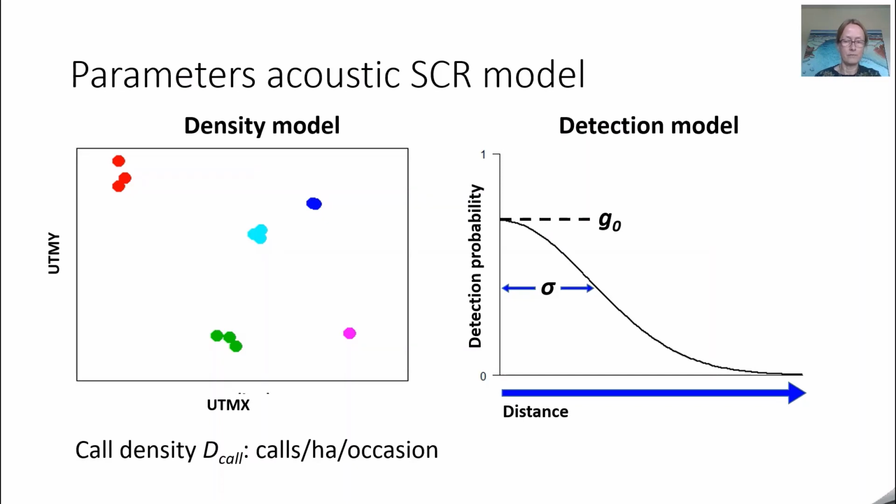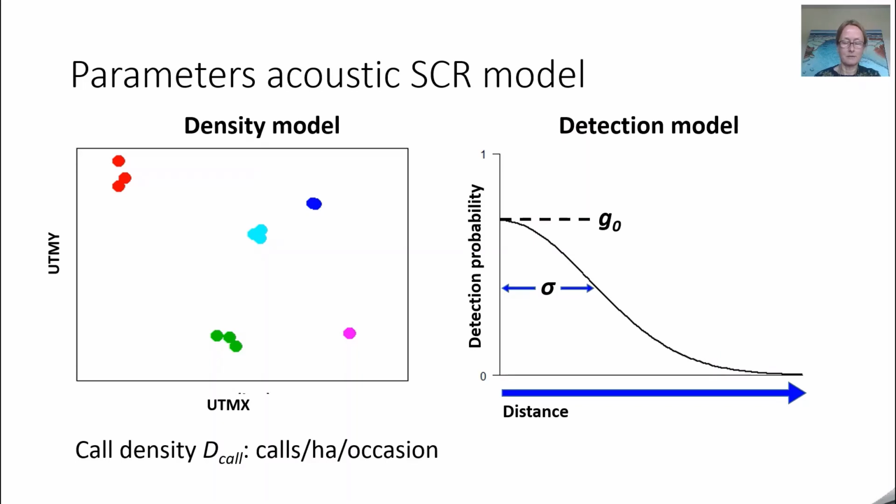So unit area, of course, is the hectare, as before. And time is the duration of your recording, unless you specify it in the model fitting function. So if your occasion lasted 2 hours, for example, then your density would be expressed as the number of calls per hectare per 2 hours.